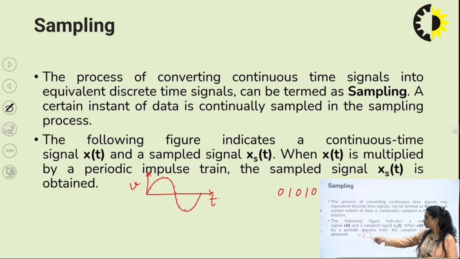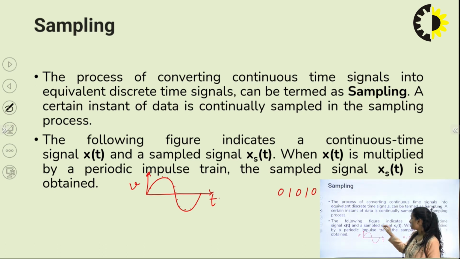When we need to move from continuous in time and continuous in amplitude to discrete in time and discrete in amplitude, then sampling will convert a continuous in time signal into discrete in time signal, right? And the next process, quantization, will convert a discrete time signal further into discrete amplitude signal, right? So with the help of sampling, we are just discretizing the time domain.